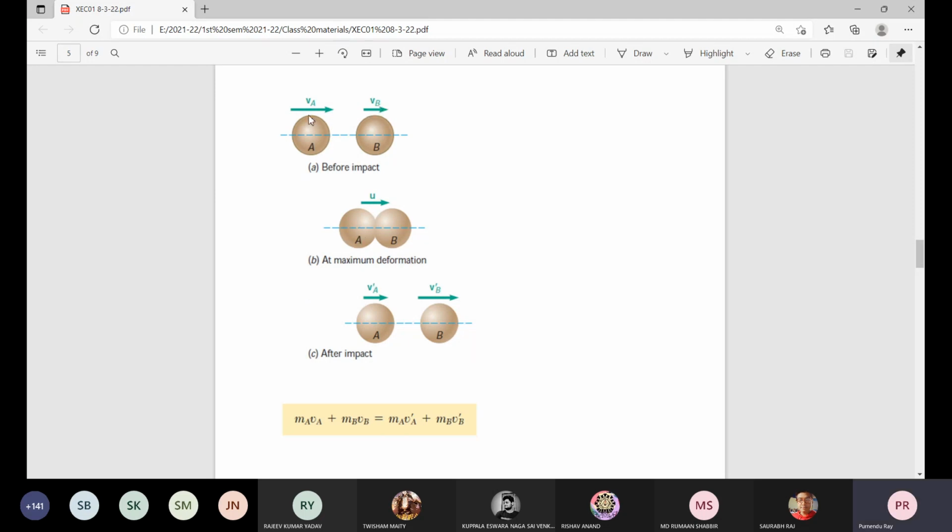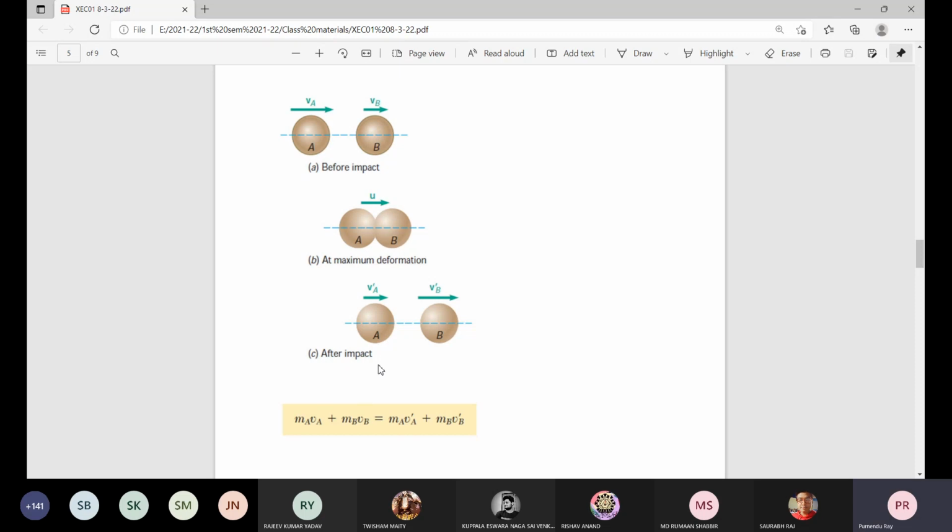Obviously, vB must be less than vA so that they collide. And during impact, there will be gradually more and more deformation at this contact location. And finally, they get separated with the final velocities of A and B.